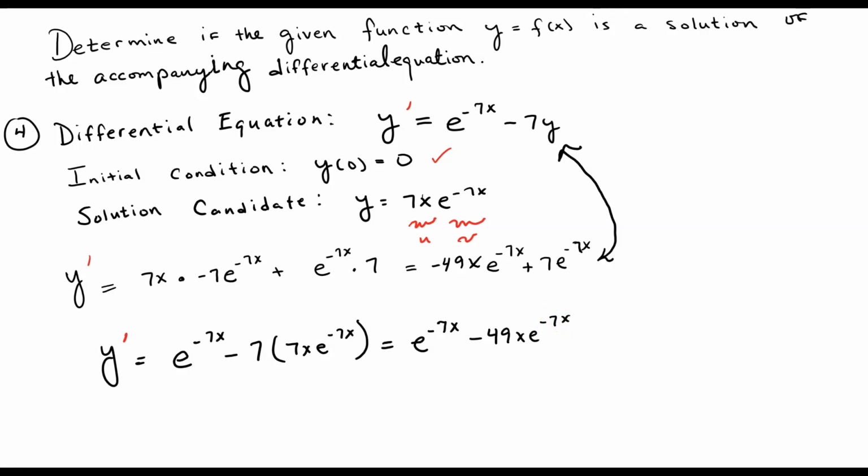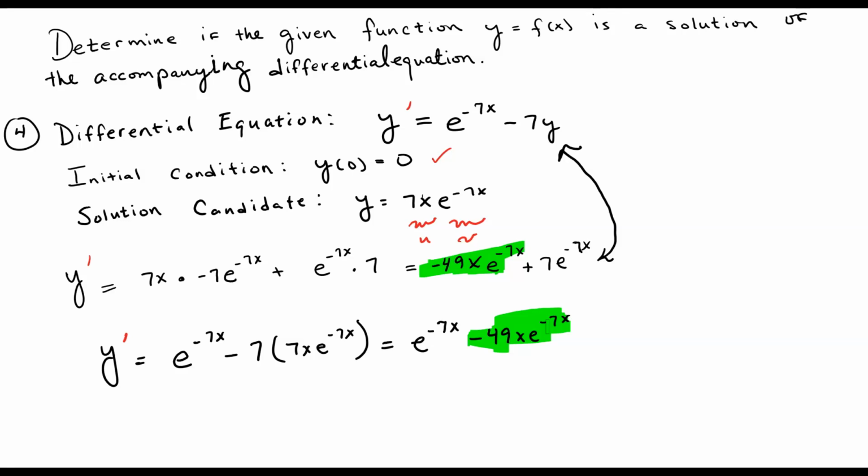Now we're going to check. I'm going to use my highlighters here. Negative 49x e to the negative 7x, I have that right there, and I have that right there. And then what I have is a 7 e to the negative 7x. Now that 7 is what seems to be missing.